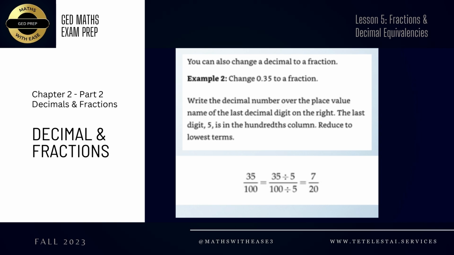You can also change a decimal to a fraction by first writing down the decimal number over the place value name of the last digit to the right of your decimal. So for instance, in this example, we're being asked to change 0.35 to a fraction.